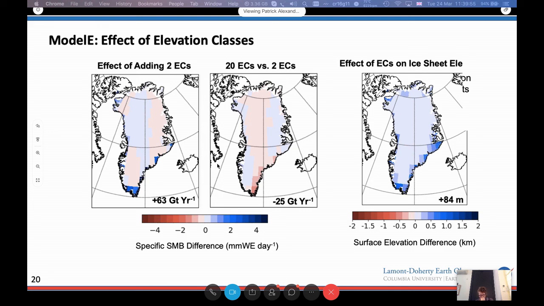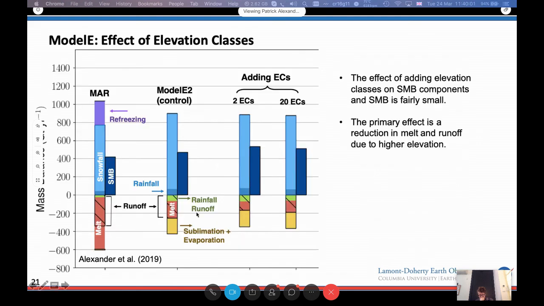So here's what happens to the different components when we add the elevation classes. So we have even less melt because we raised those elevations along the coast of the ice sheet, and not too much change in the other components. But I'm going to talk later about some factors that could cause the effective elevation classes to change.